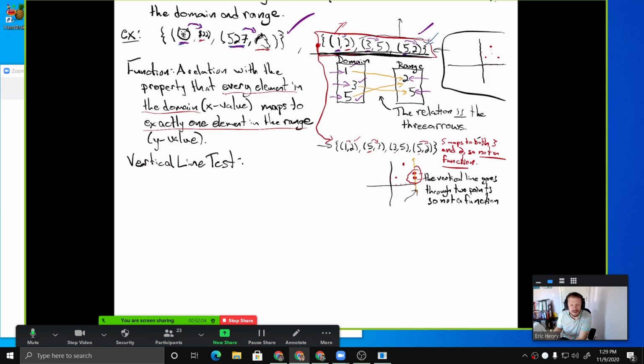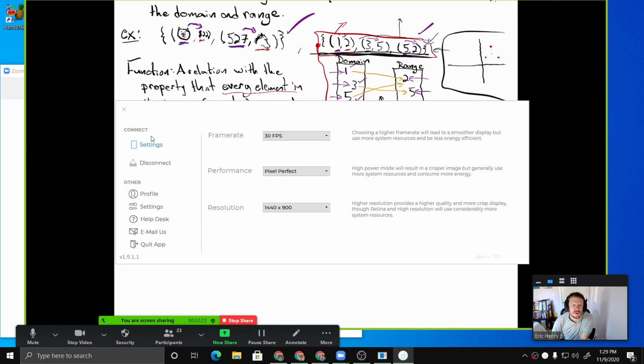Okay, and the way we're going to write the vertical line test, oh, fiddlesticks. There are no desktop screens. I just lost my notes, which is super confusing. Why would it do that?